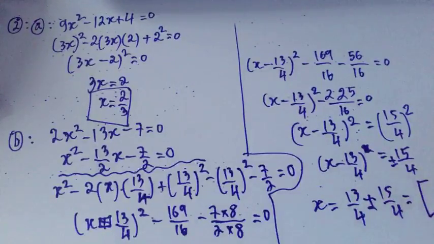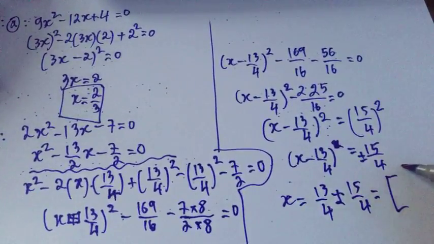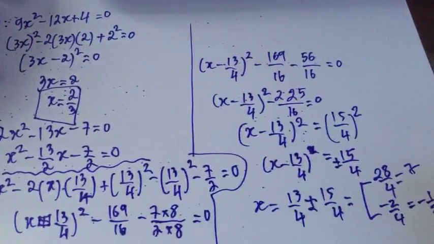It will be two values: 28 divided by 4 or minus 2 divided by 4. So it is 7 or it is minus 1 divided by 2.